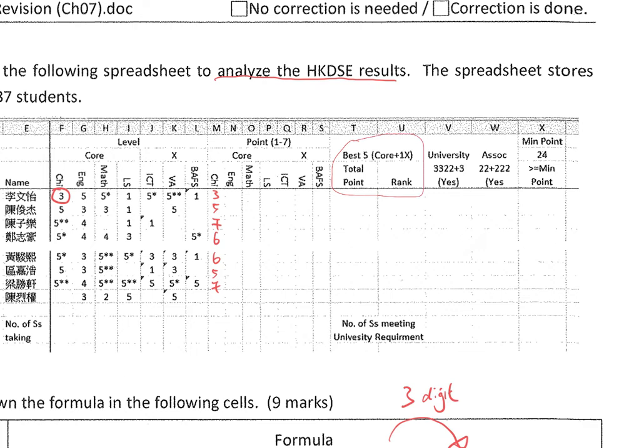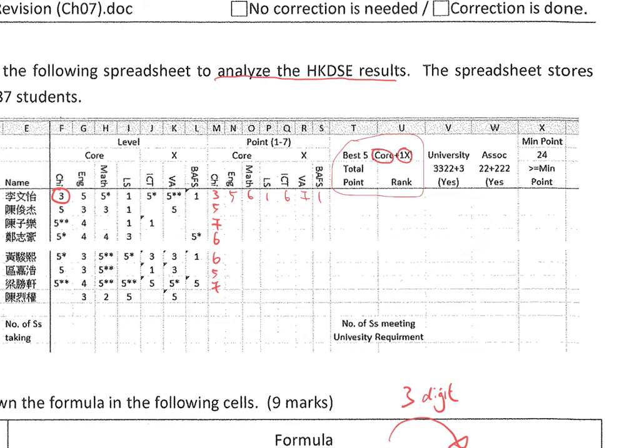For total point, we add the points of the core subjects, and then add the highest mark in the X subjects. Let's take an example. Lý Minh Yi gets 3 points in Chinese, 5 in English, 6 in math, and 1 in LS. In ICT she gets 6, VA gets 7, and BAFS gets 1.